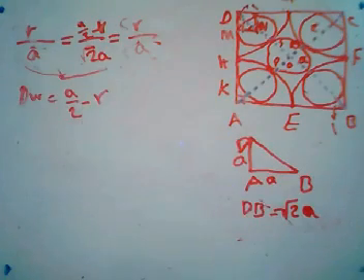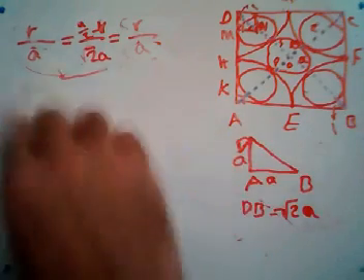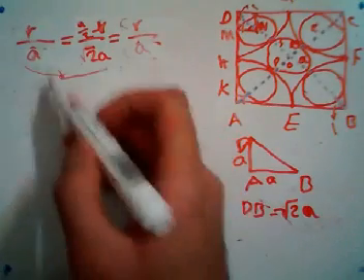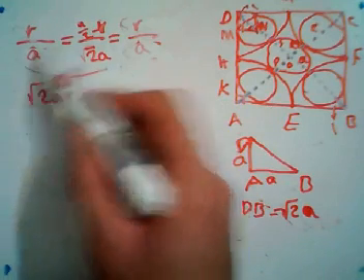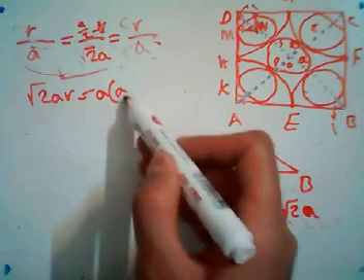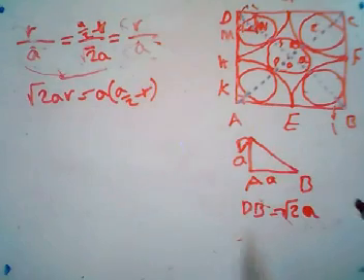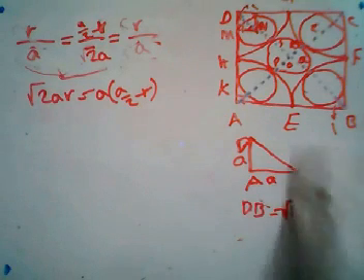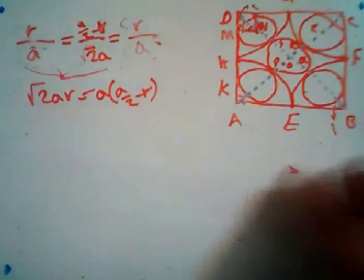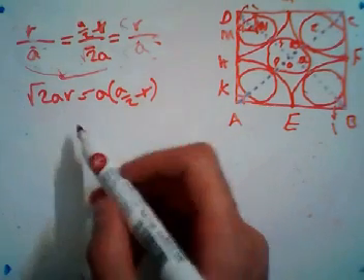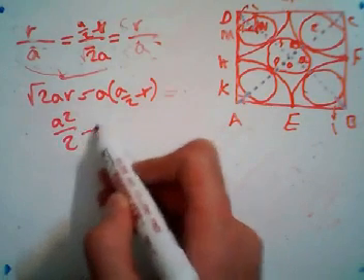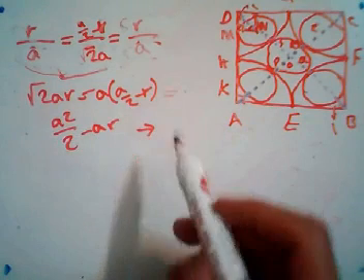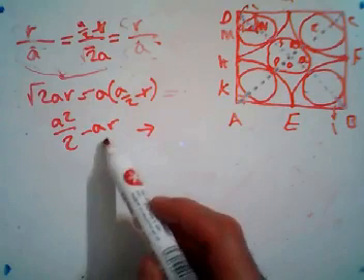Now here, this times this: AR equals this times this, A times (A half minus R). From here we add both sides by AR.